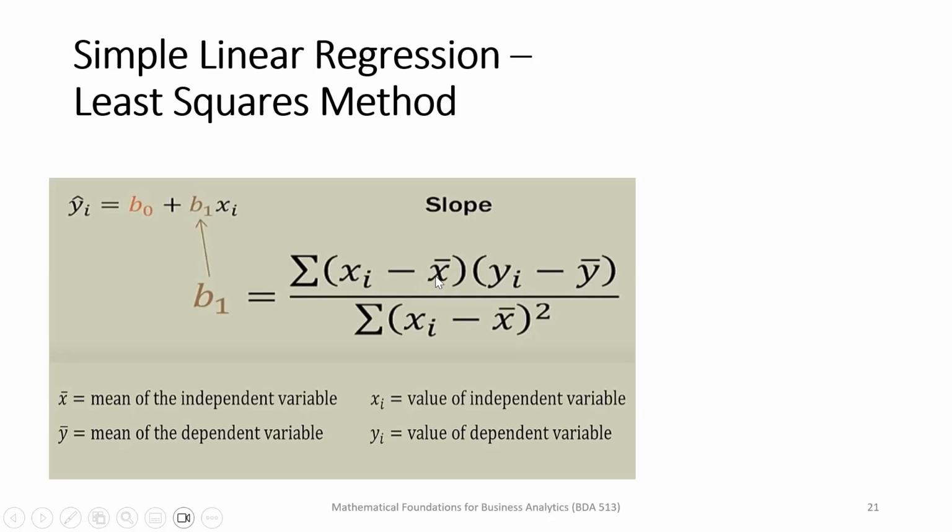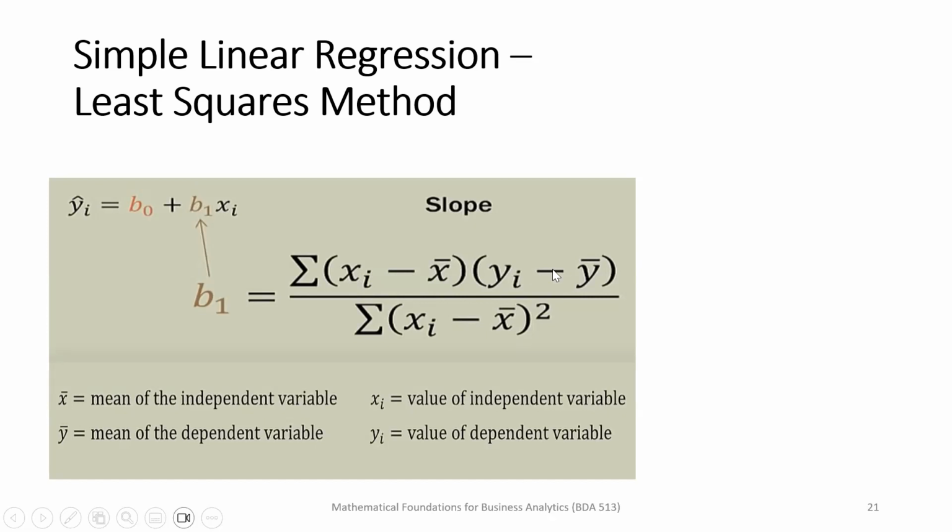So we would have to look at the mean of the independent variable, and for each observation we deduct the mean of that variable, and then we take the dependent variable and also deduct the mean from each observation.